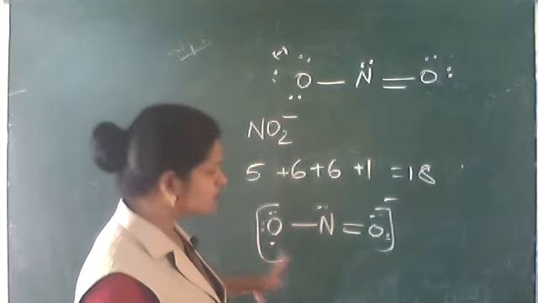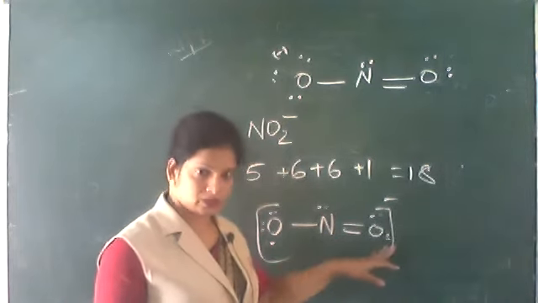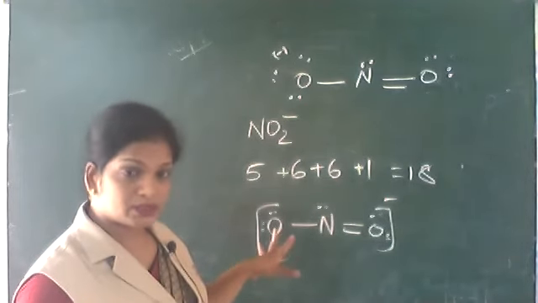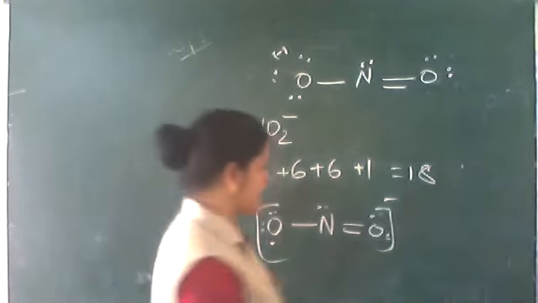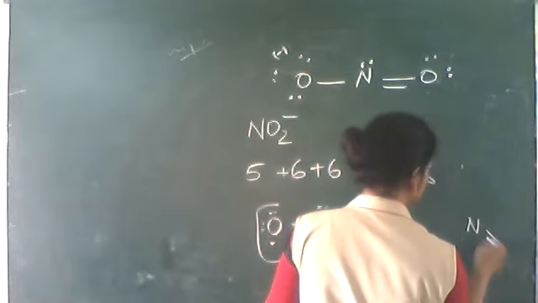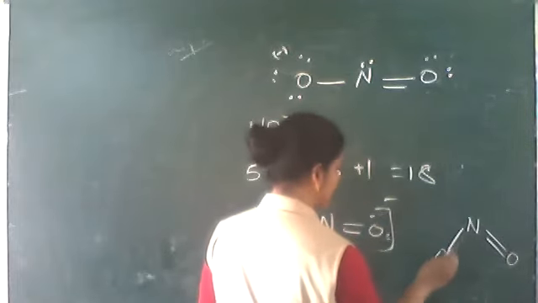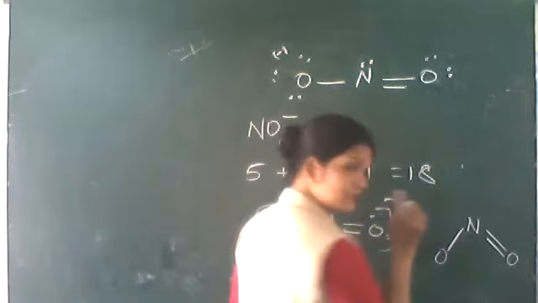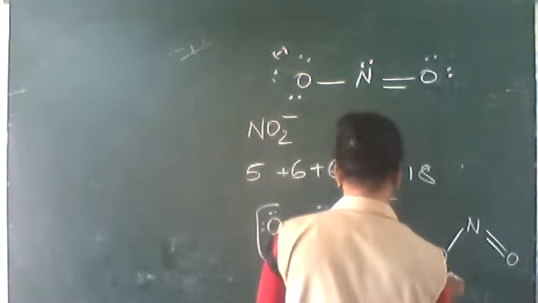Now this is looking linear, but this is not the actual structure. The actual shape of this NO2 minus is like this, but Lewis could not explain the actual shape.